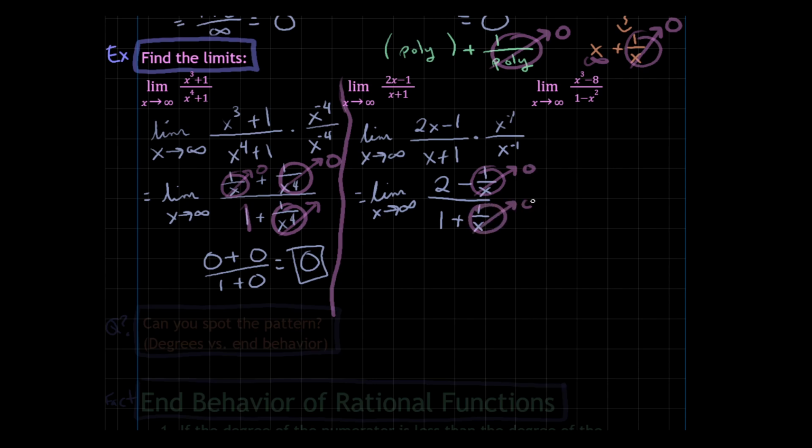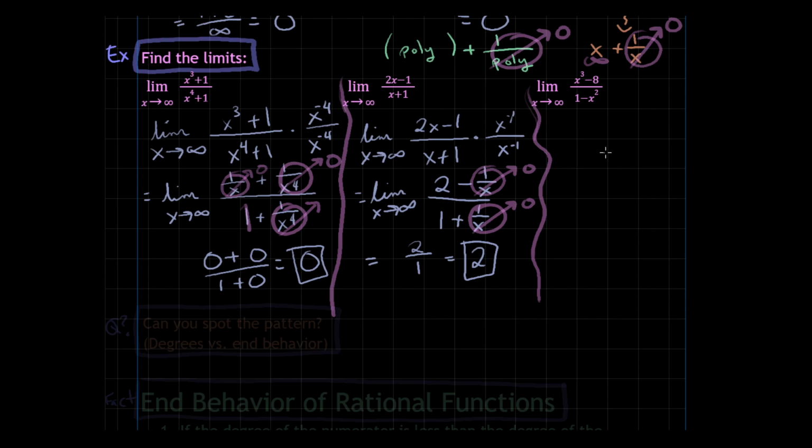And this part will also go to 0. And so when x gets really, really large, what we're approaching is 2 over 1. These parts don't go anywhere, which is equal to 2. So think about how there's a 2 here and a 1 here, and then at the end we got 2 over 1, which is 2. Think about that.